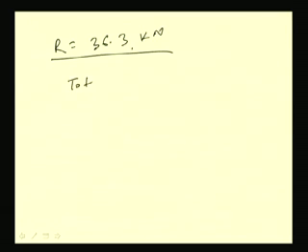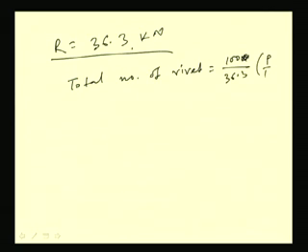So, total number of rivets will become force was 100 by rivet value 36.3, means P by R. So this is coming 2.75, that means 3. So we have to use 3 number of rivets, right.